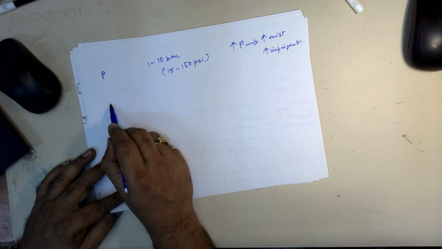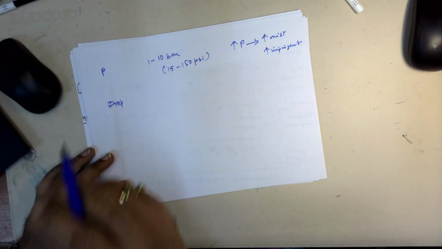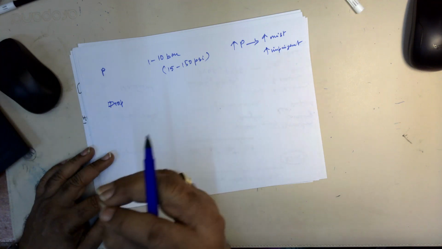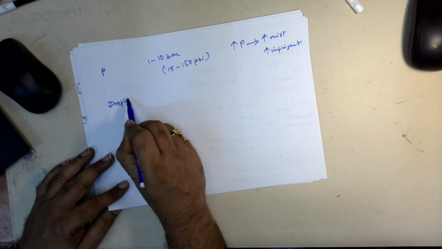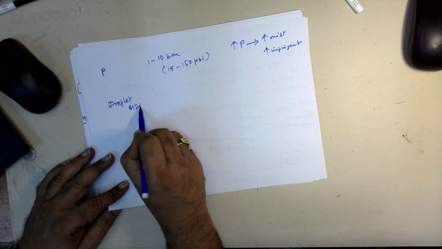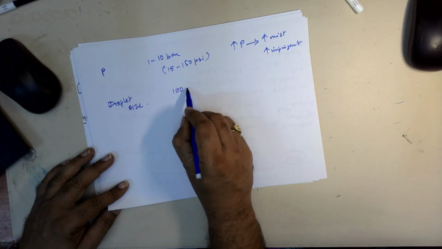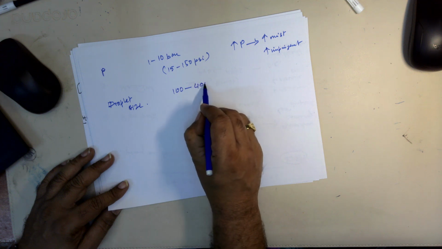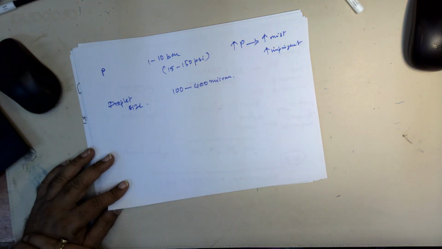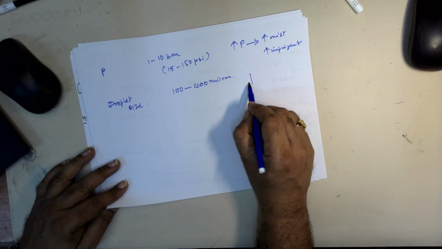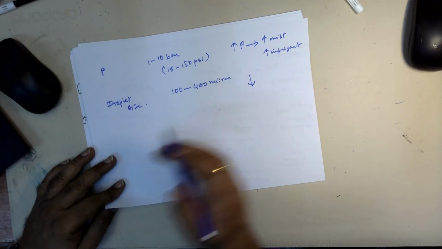Then regarding the droplet size, I was talking about the atomizer, so the droplets coming out of the nozzle. That is called the droplet size. Normally it ranges from 100 to 400 microns. Smaller the droplet, finer the droplets, rinse will be better.